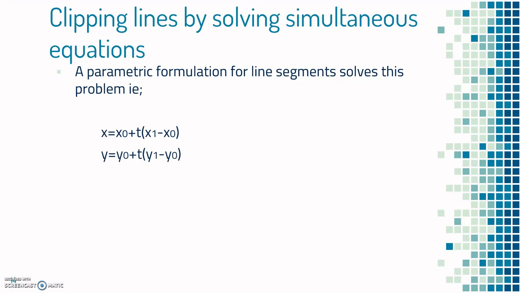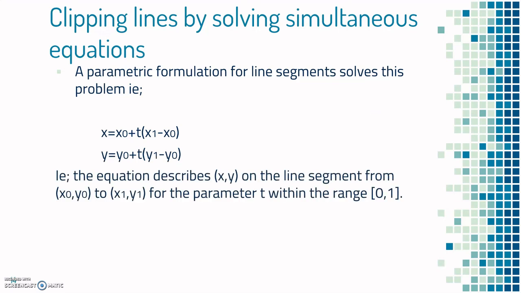This equation describes (x, y) on the line segment from (x0, y0) to (x1, y1) for the parameter t within the range 0 to 1. This is how we can clip lines by solving simultaneous equations.